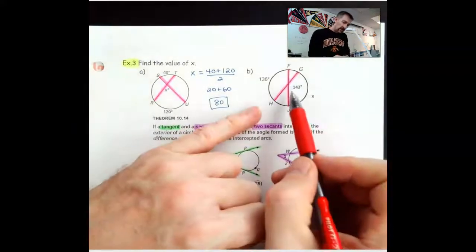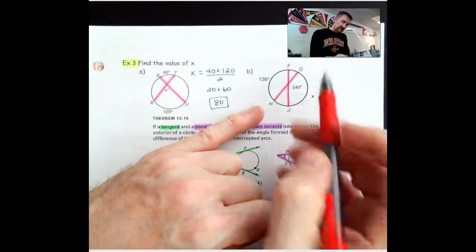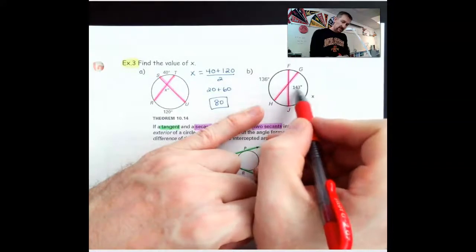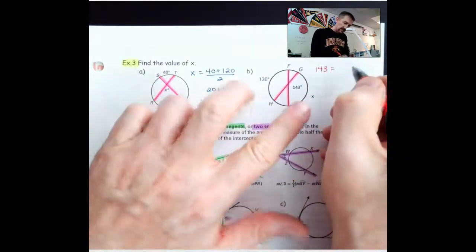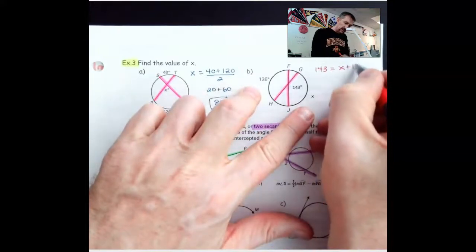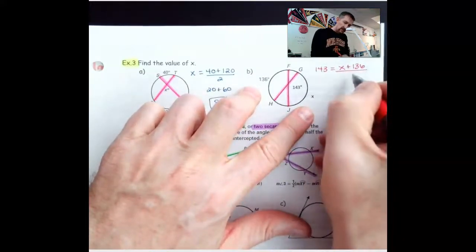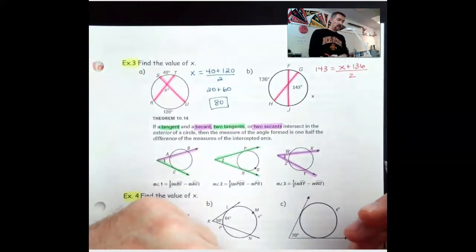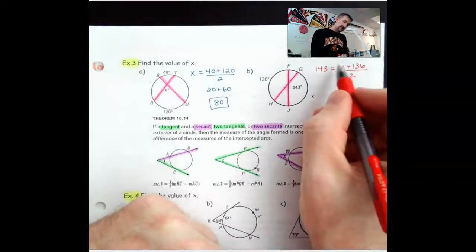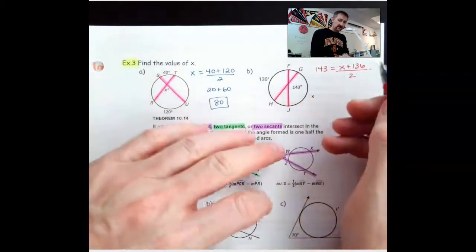Now, if we move over here, we're trying to find x. So this angle is equal to the average of those arcs. So the angle is equal to those arcs added together divided by 2. Now, in that case, because we just have one x here, I don't really want 1/2 x, although I could.